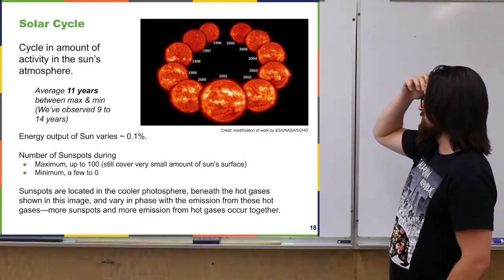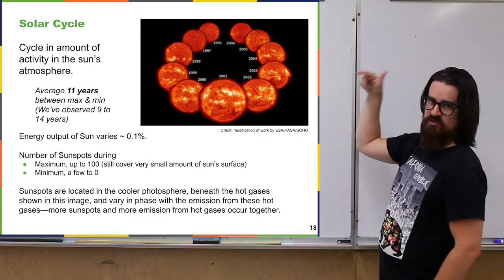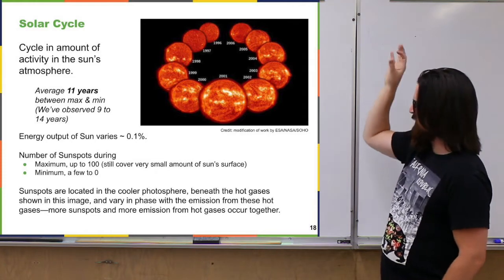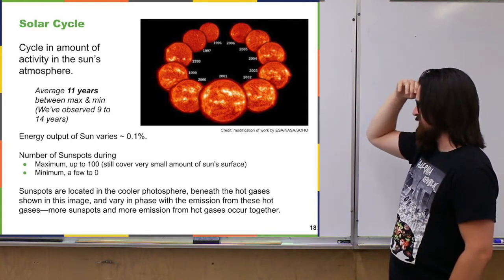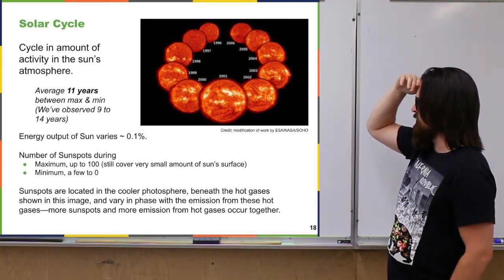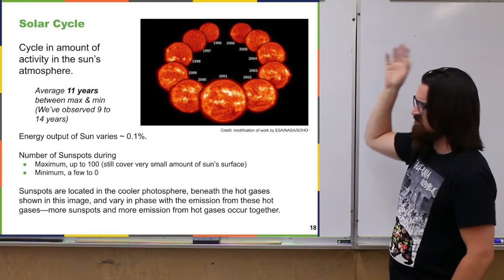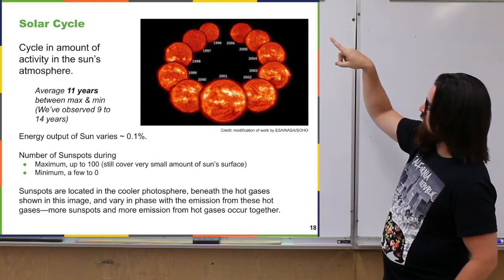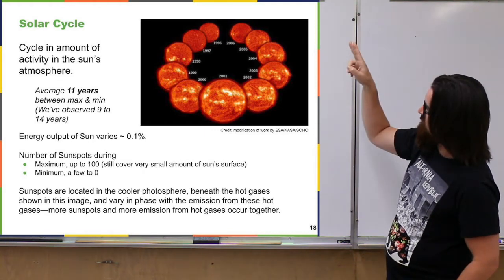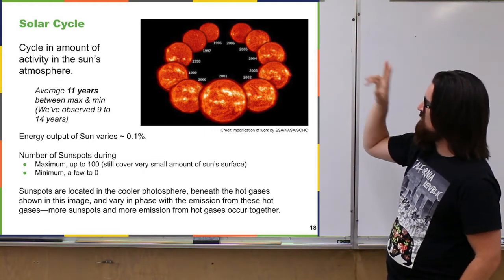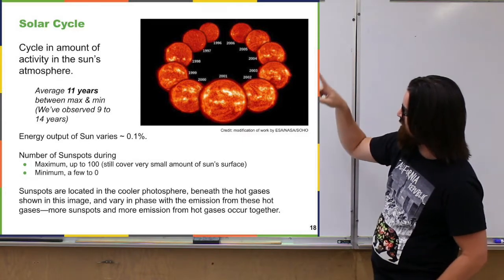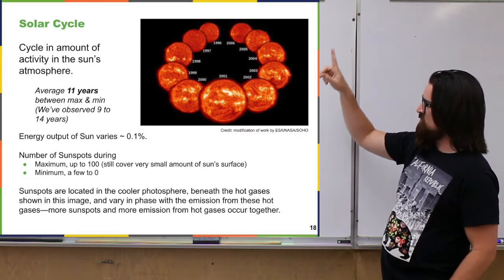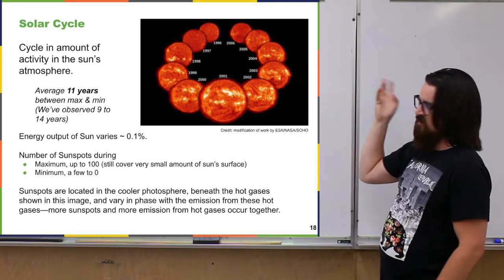In the upper image here, we see another way of looking at this cycle. This one, I believe, is looking at part of the corona or maybe the transition region, so those are probably extreme ultraviolet images. If you start at the top left, we have 1996, and about every year there's another image, and you can visually see the increasing amount of activity.